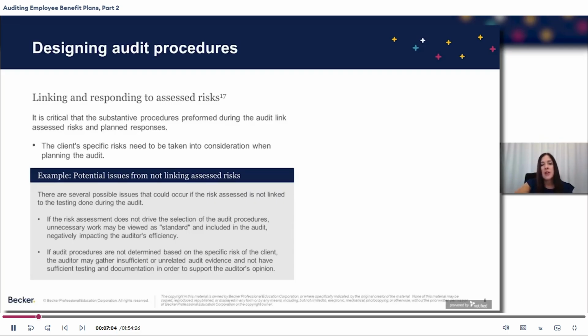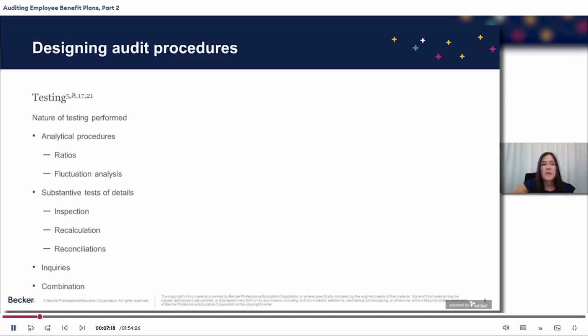So it is a formal process, and it is designed to make sure that you are addressing the areas that have the higher risk and spending more time on those areas than areas that have a lower risk. Now, when you're designing those audit procedures, you're using your professional judgment to determine the nature, timing, and extent of the procedures that you're going to be performing.